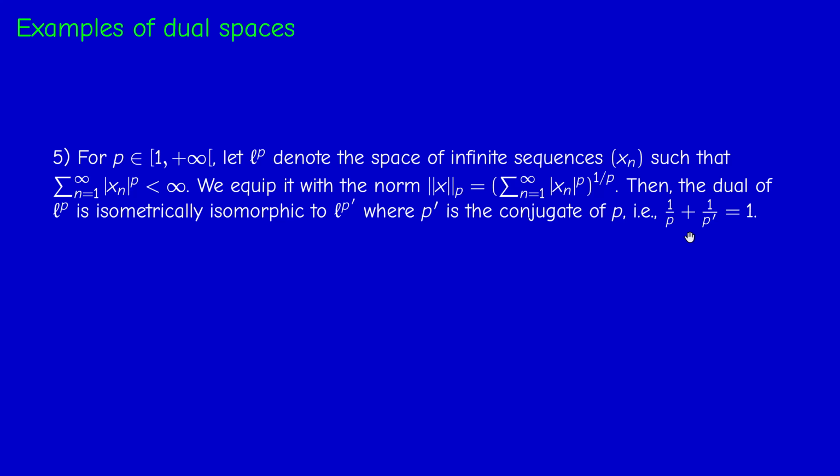And we claim now that the dual of this space of sequences is also isometrically isomorphic to another l^p space, which is l^p', where p' is the conjugate of p. The conjugate of a real number bigger or equal than 1 is the number p over p minus 1, or equivalently 1/p plus 1/p' equals 1, with the convention that if p equals 1, the previous result was an extreme case of this. When p equals 1, then p' is plus infinity, because 1 over infinity is 0.